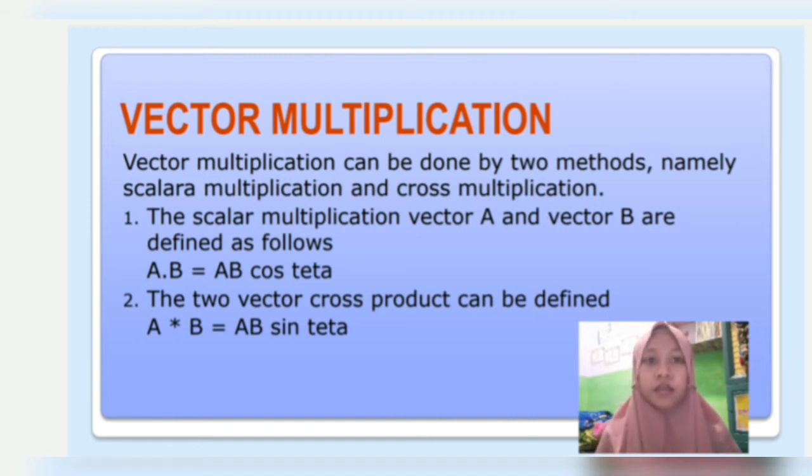The first, the scalar multiplication of vector A and vector B is defined as follows. The formula: A dot B equals A B cos theta. The second, the cross product of two vectors can be defined: A cross B equals A B sin theta.